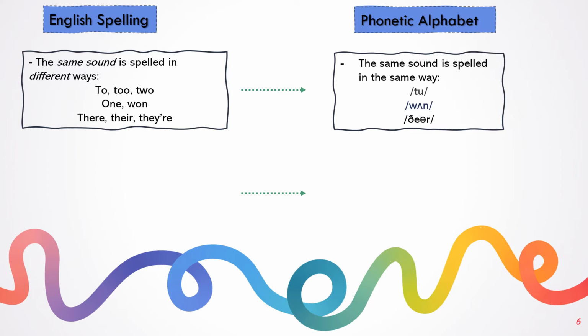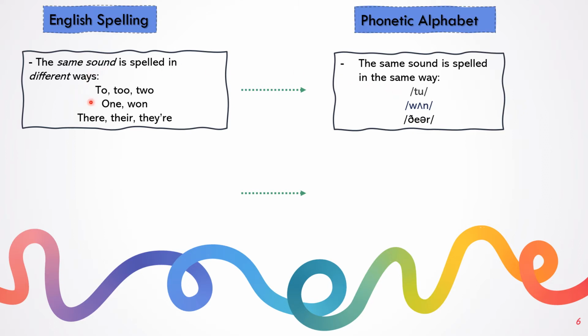So for instance, let's focus right here. How do you pronounce these three words? You say two, two, and two. And look at the transcription. It's the same, even though the words are written differently.